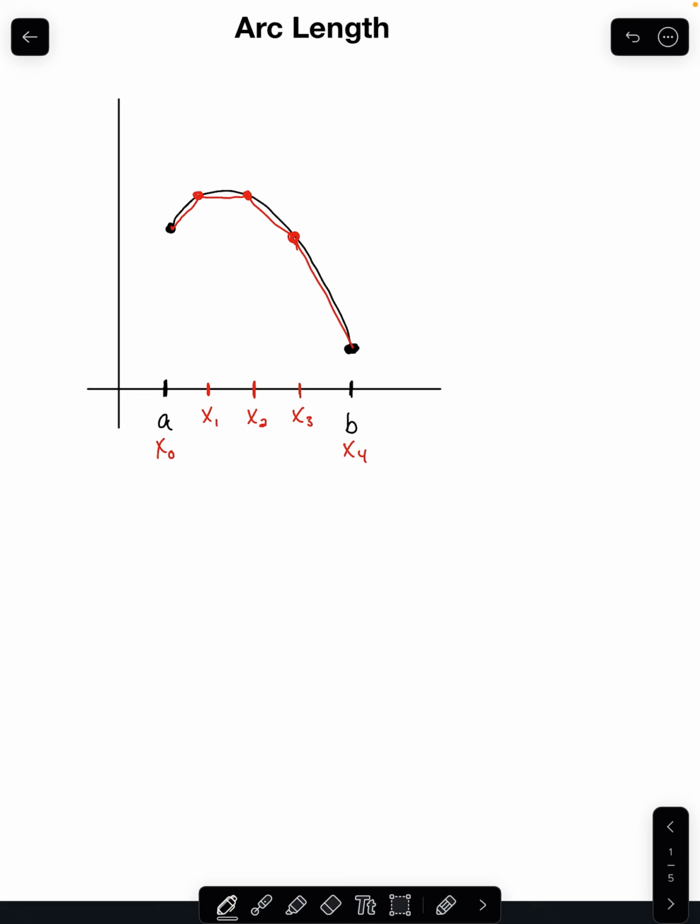On any interval, then, the length of the line segment on the ith subinterval is nothing more than the distance formula between 2 points on the coordinate plane.